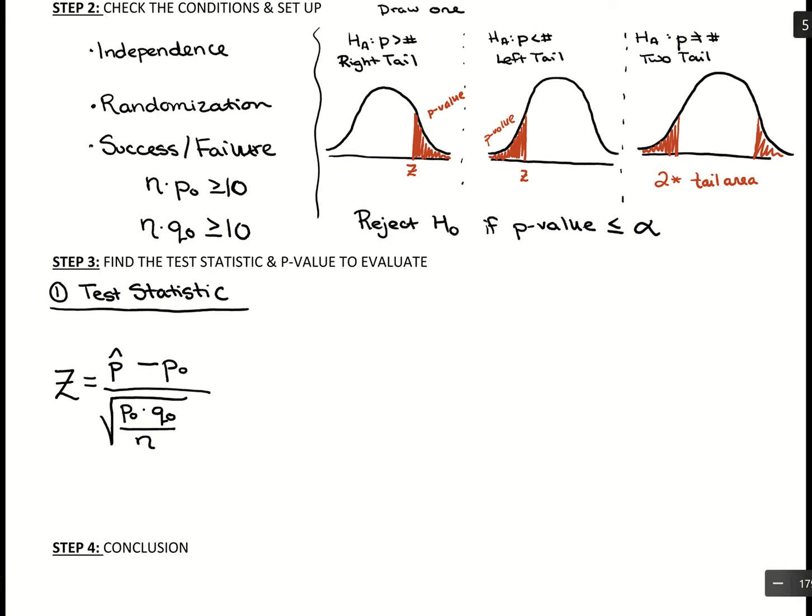All right, then our next piece is to find the p-value. And this is where we go to GeoGebra, or any technology that you're using. You're going to use your standard normal curve and then use the picture up above to create an area.